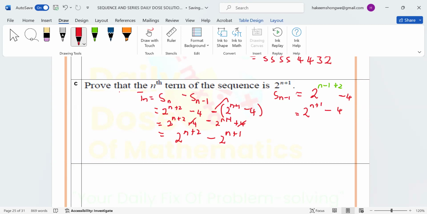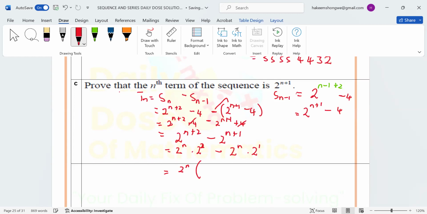Remember in grade 11, we said we can split the base. I can write it as 2 to the power of n multiplied by 2 to the power of 2, minus 2 to the power of n multiplied by 2 to the power of 1. Does that make sense? I can take out 2 to the power of n as common.